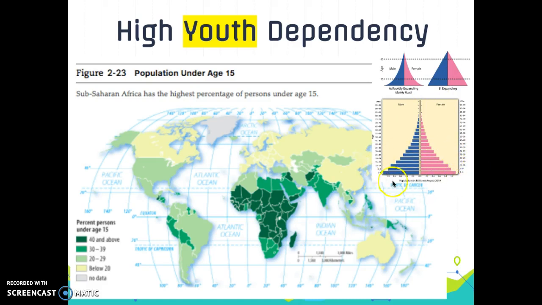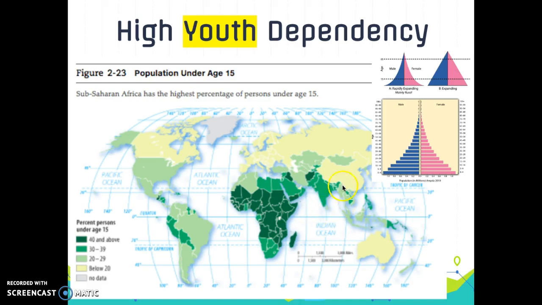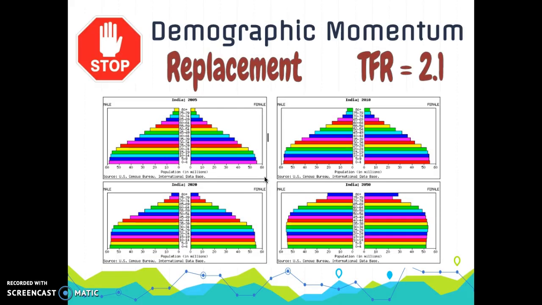You can see the bottom of the pyramid is very, very wide, whereas the top comes to a peak. And then you can also see here on this map that Sub-Saharan Africa has the highest youth dependency ratios in the world, but we also see pretty high youth dependency ratios here in South Asia as well as Southwest Asia.